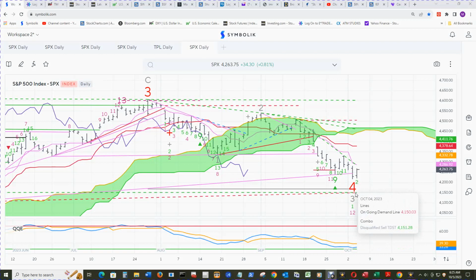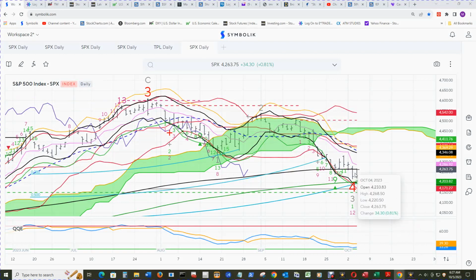And the old venerable 200 EMA in black here is now resistance, as it closed right under there for the bar on the 4th and barely ticked higher than where it was at for that day. 1 point, maybe not even 1 point. So yeah, that's going to be somewhat formidable resistance for now.